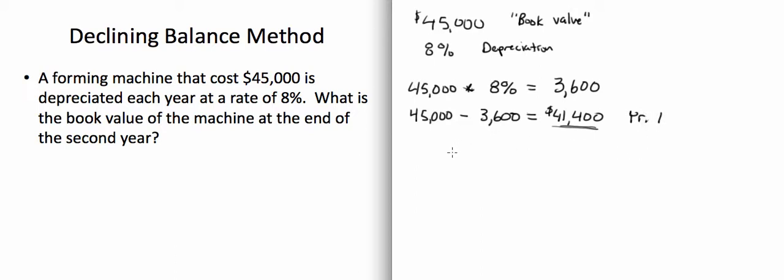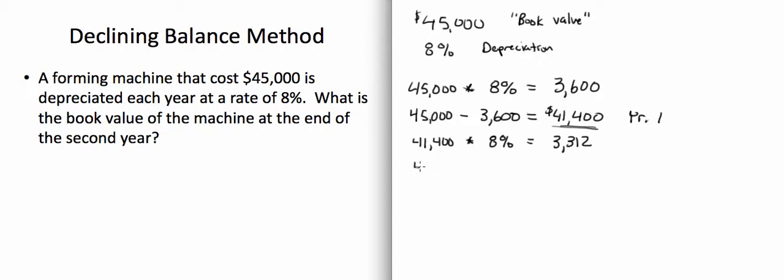So now we're going to take this 41,400 and multiply it by 8% again. And that's going to give us an answer of 3,312. You notice that value is smaller than the original value, which makes sense because the depreciation value should always go smaller based off of the fact that your value's less.